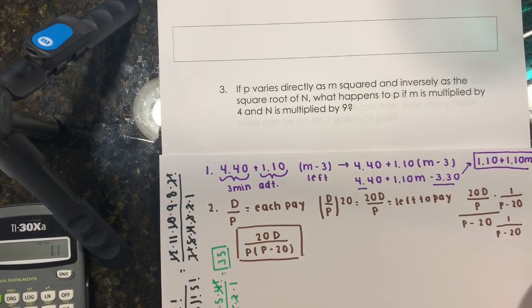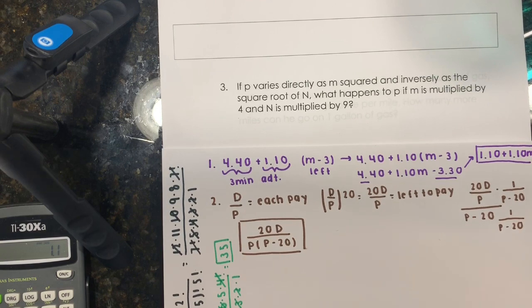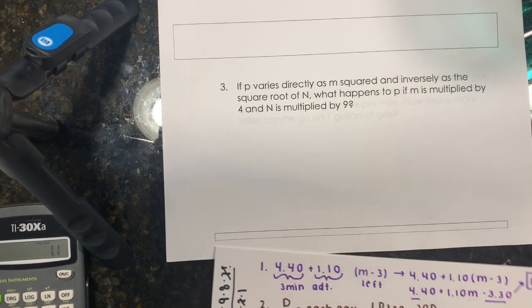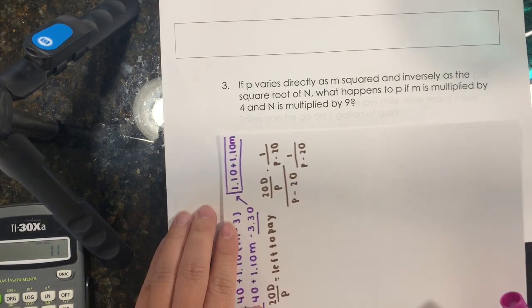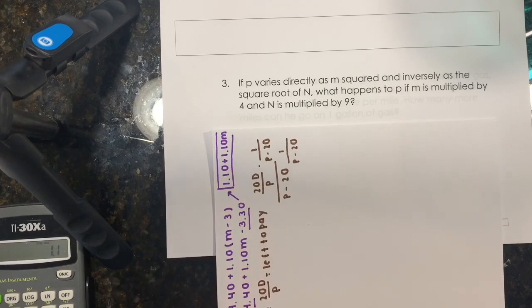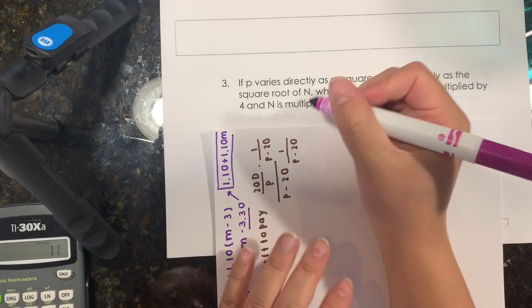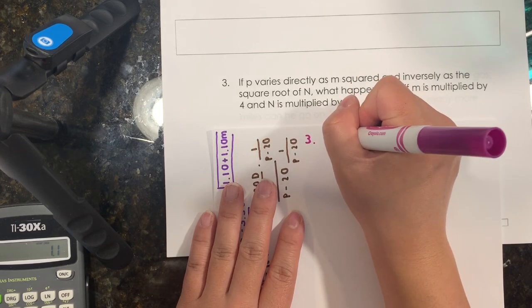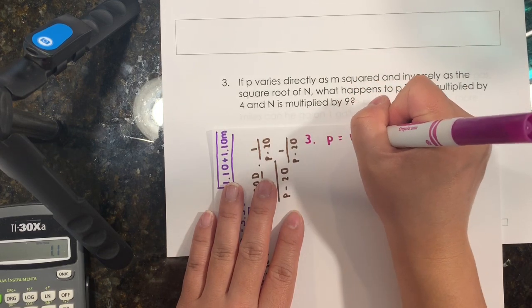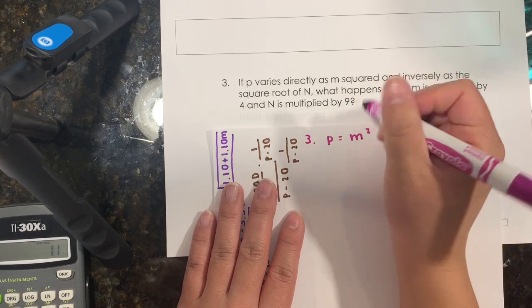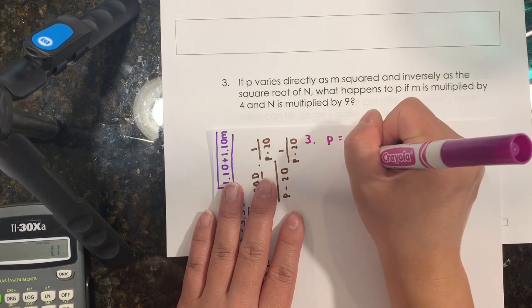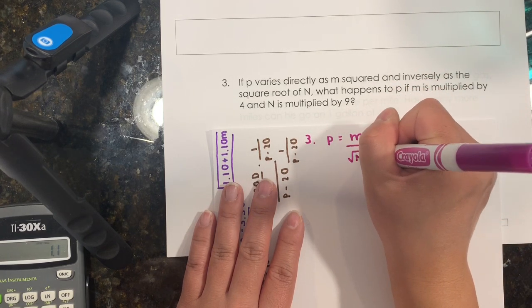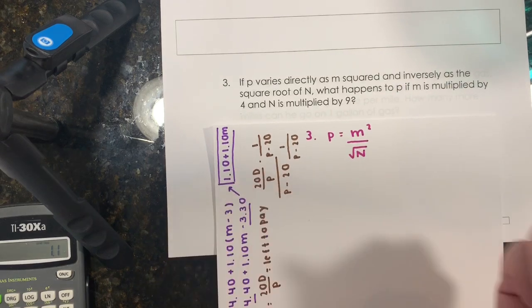Now moving on to number 3, which is not a concept review problem, but number 3 says if P varies directly as M squared and inversely as the square root of N. Okay, so I'm just going to deal with that first. So P varies directly as M squared and inversely as the square root of N. So this is my original equation.